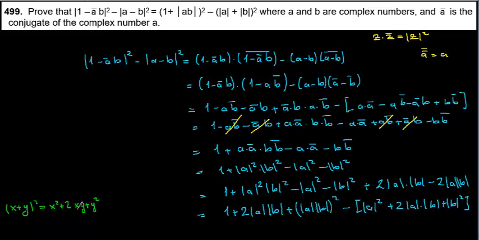This is x, this one is y, this is y square, this is x square, and where is the x here? 2 times x times y. It is because 1 is an invisible coefficient here.